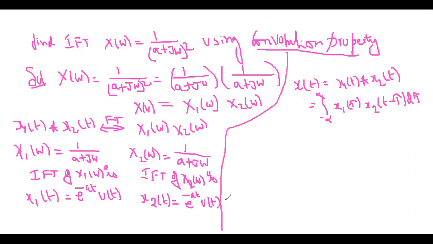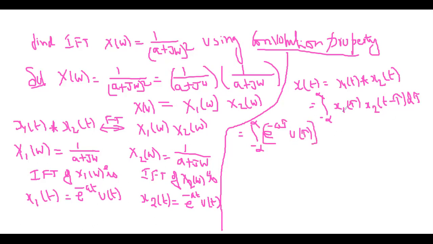Now I am substituting x1 of tau here. Integral from minus infinity to infinity. What is the x1 of t? We know the t is a variable, change t as tau. x1 of tau is e power minus a tau mu of tau.